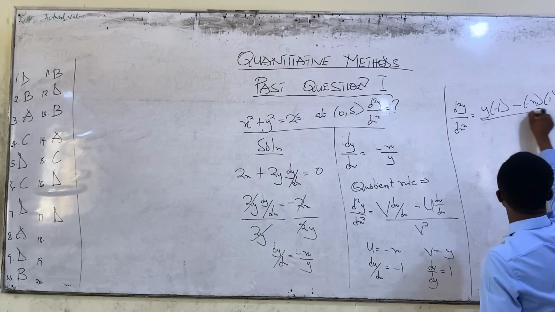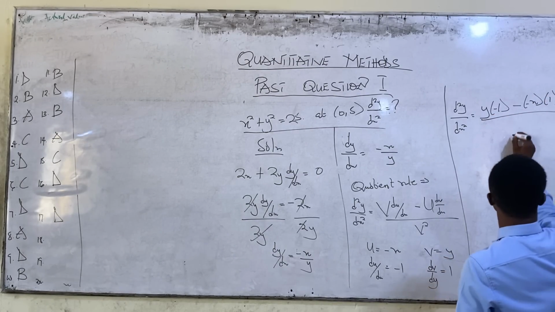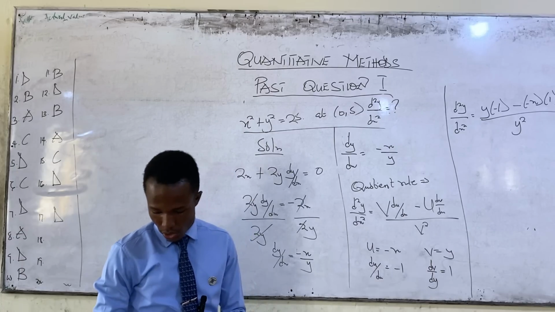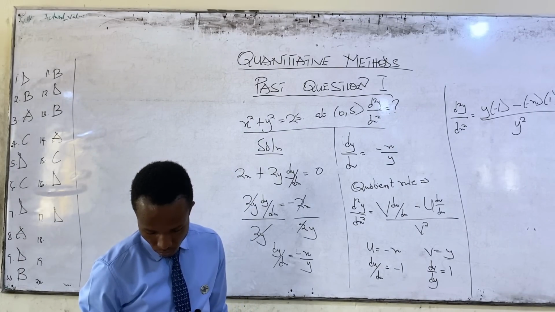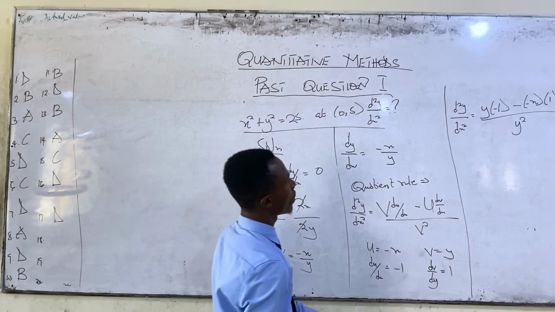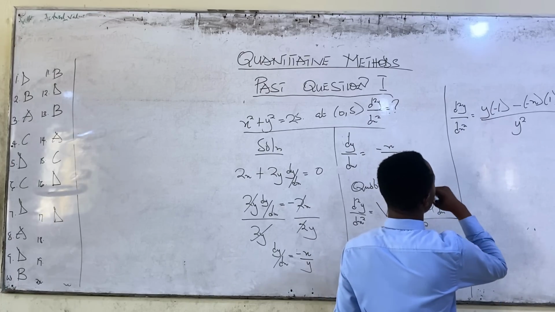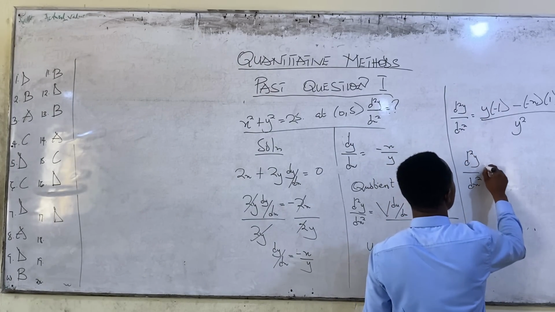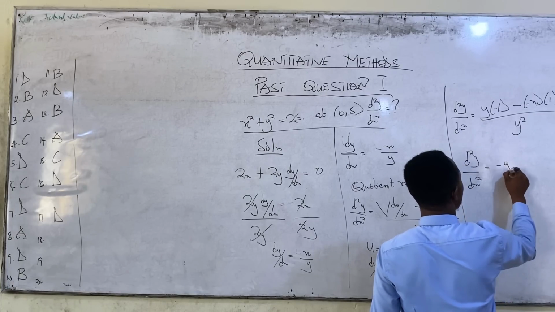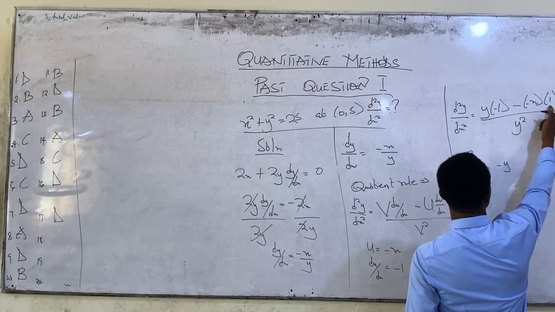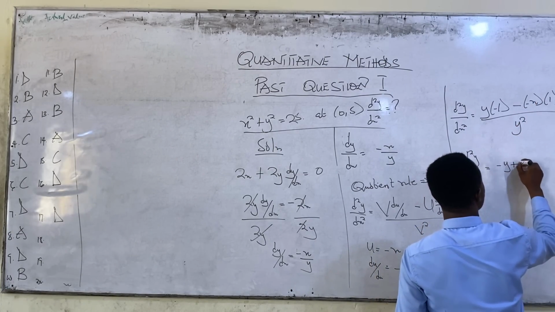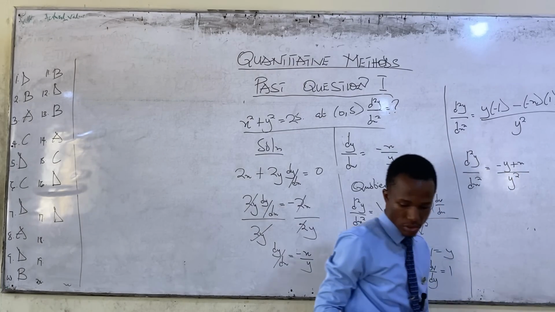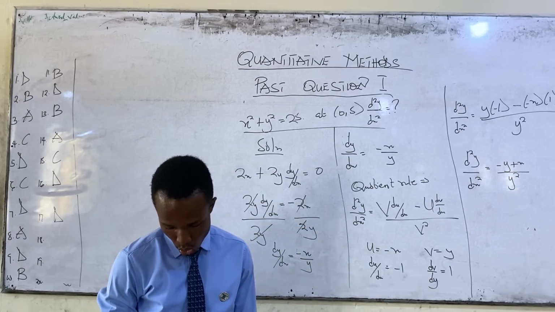Okay, then we divide everything by v squared, which is the y squared here. I hope that is good. Okay, so yes, you are going to get d squared y over dx squared equal to, this one will give you negative y, this one will give you plus, because times 1 is the same as this, so plus x over y squared.